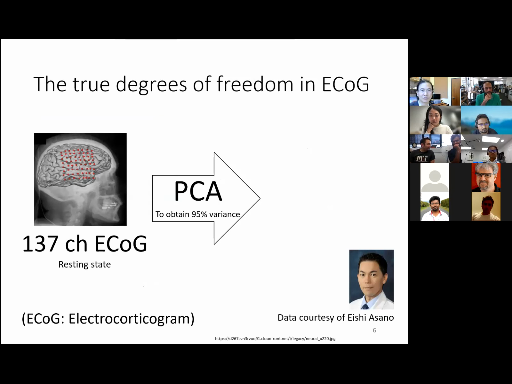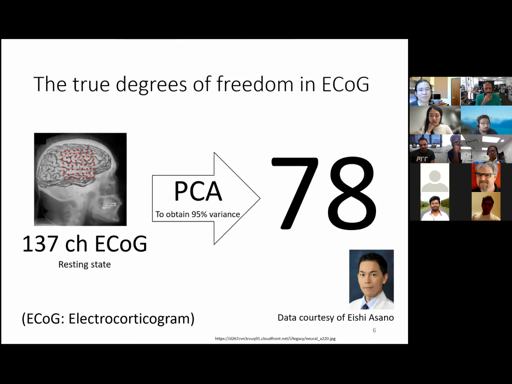And I did the exact same operation, using PCA to obtain the 95% of the variance, and I got 78. I'm using almost half the number of the electrodes, but I got almost 9 times more principal components. And I was very shocked.